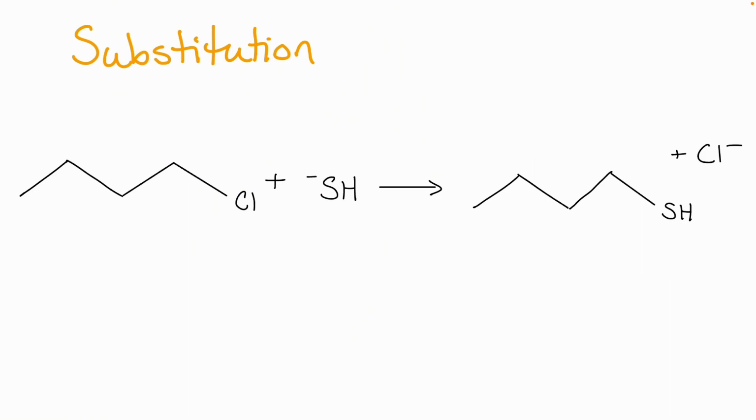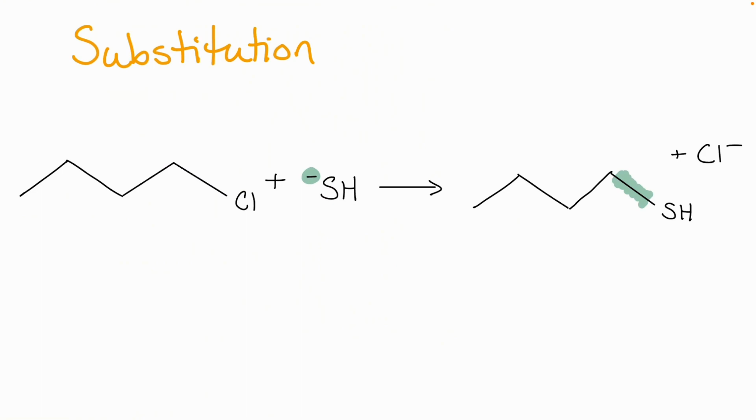Where does the negative go on the product? Yeah, that's a good question. So notice how our negatively charged nucleophile gets attached to our carbon and it loses that negative charge. Okay? This pair of electrons here actually is what forms this new carbon-sulfur bond.